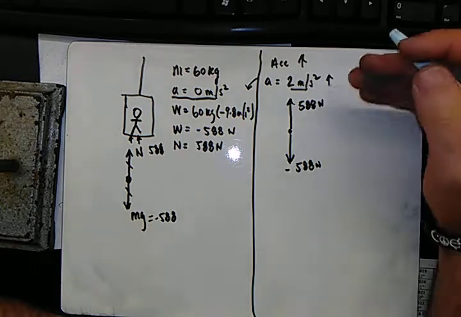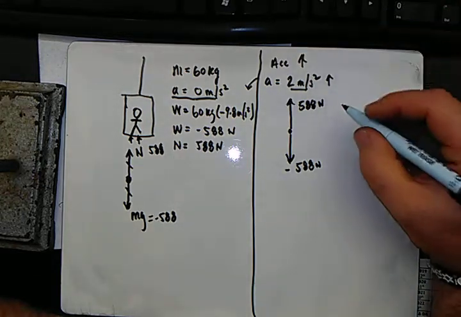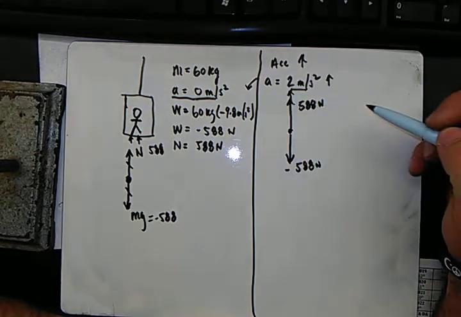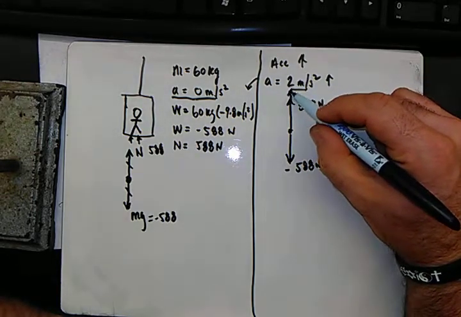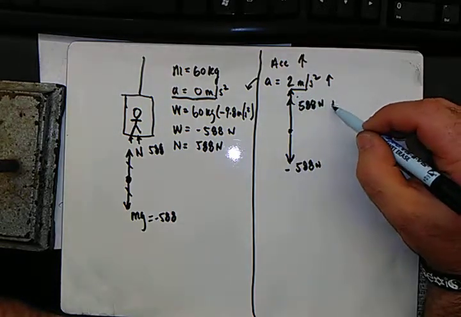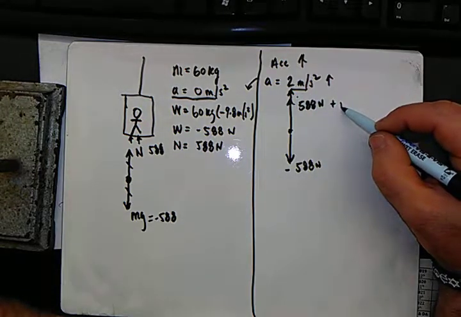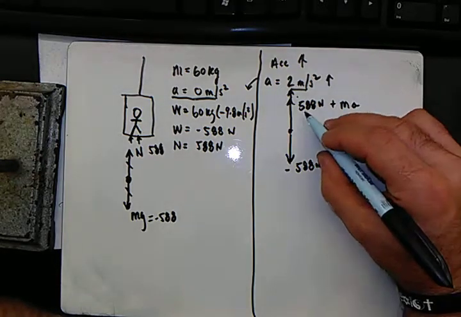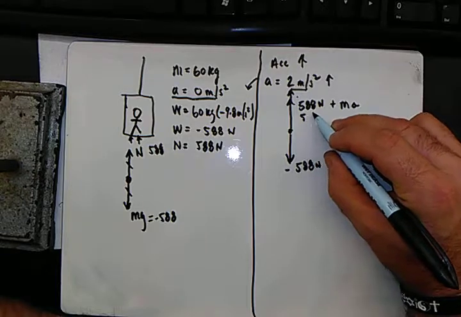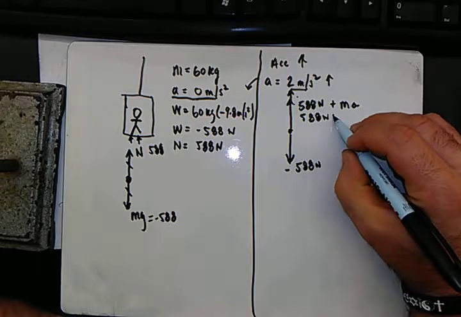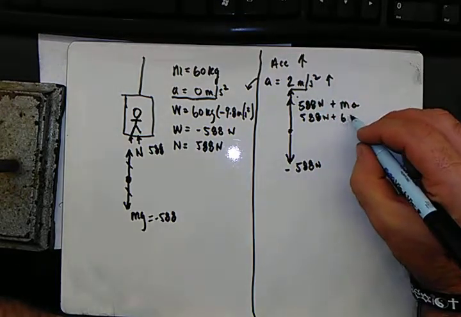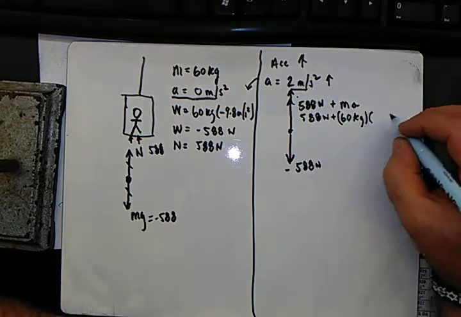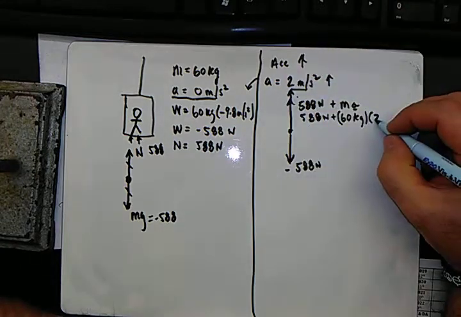But in this case, it's accelerating upward, so I have to find out what additional force I'm getting here. The additional force is the mass times the acceleration. So we've got 588 newtons plus the mass of the person times the new acceleration in the upward direction.